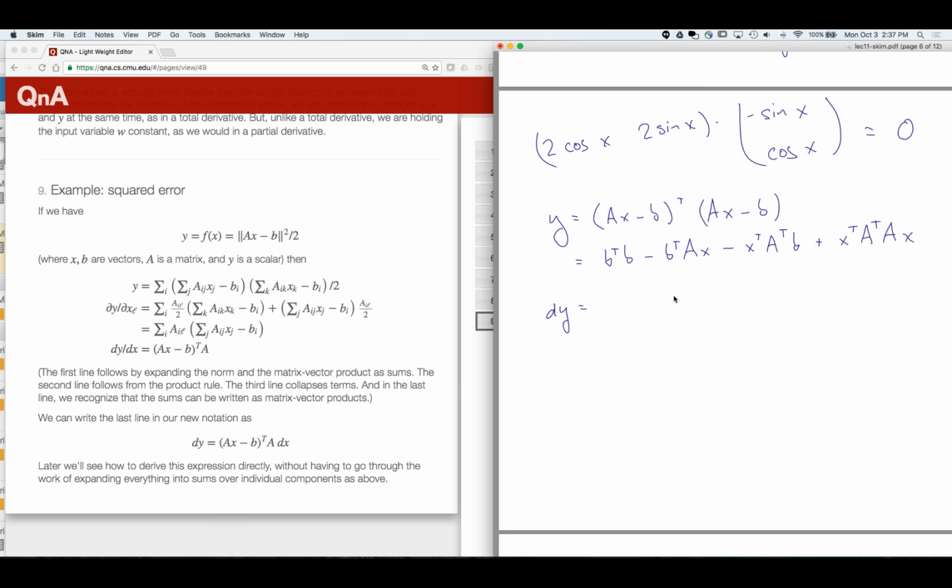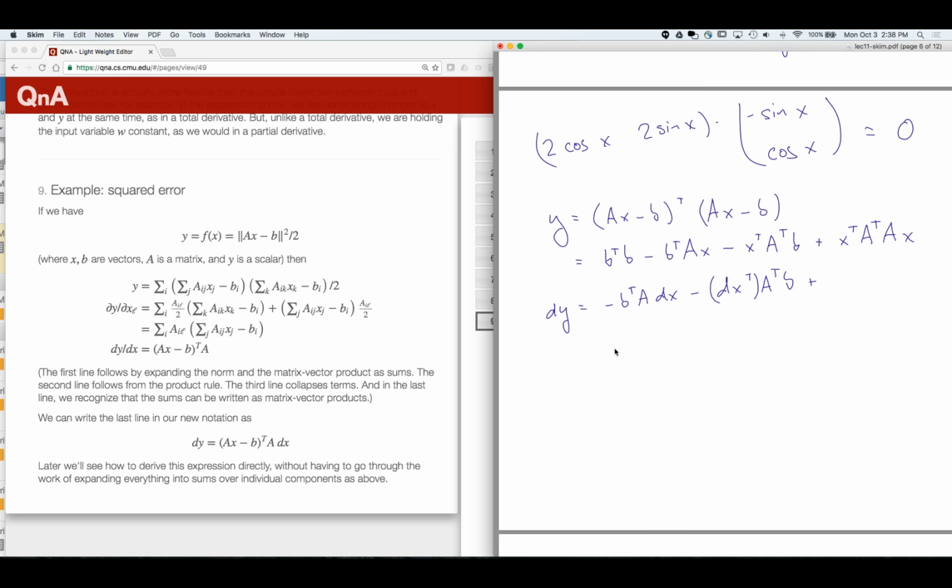And so now we can write dy is equal to, well, the derivative of a constant is zero, so we can skip that term. The derivative is going to wind up just going through, so we get b transpose A dx. Similarly, it'll be dx transpose A transpose b. And now here, what we'll do is the product rule, right?